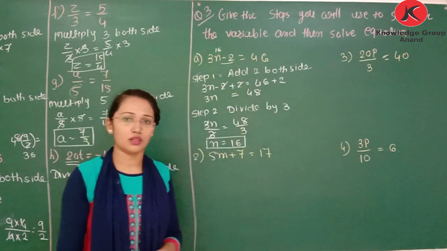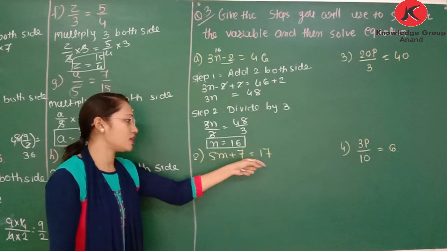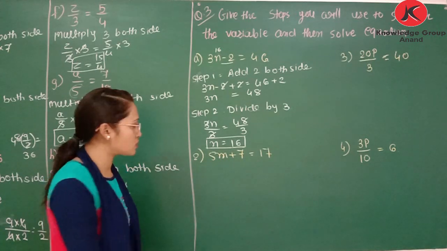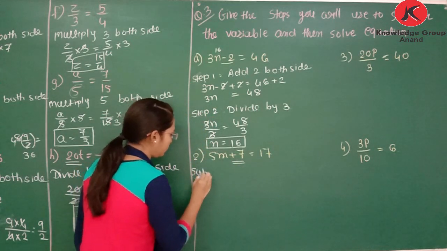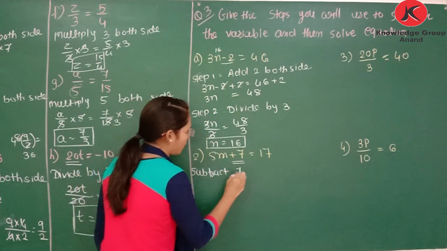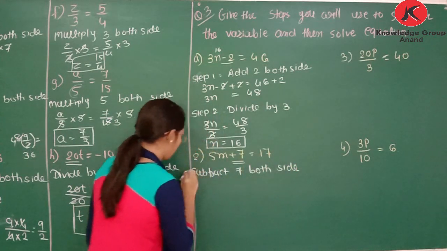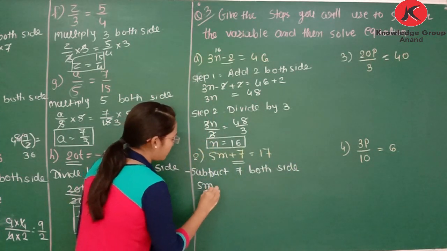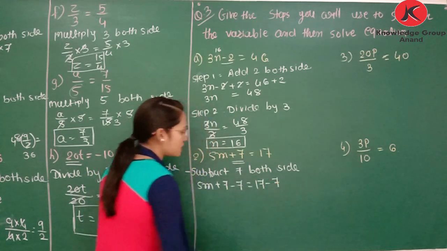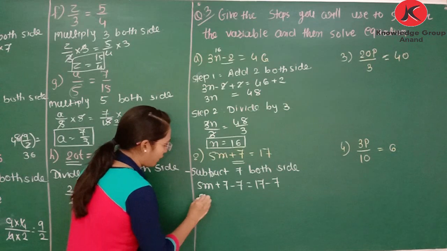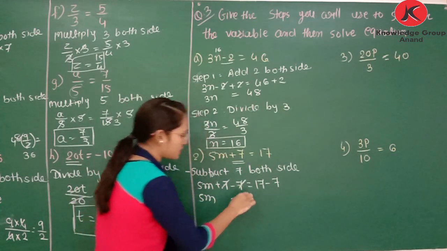Hand side comes or not, that you need to check. Now for next one, 5n plus 7 is equal to 70. So first of all we remove this 7 by subtracting 7. Subtract 7 both sides. So 5n plus 7 minus 7 is equal to 70 minus 7. 5n, plus 7 minus 7 cancel, 70 minus 7 is 63.